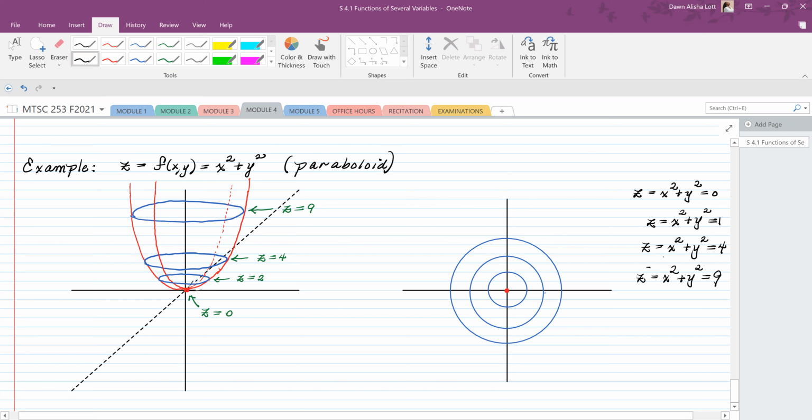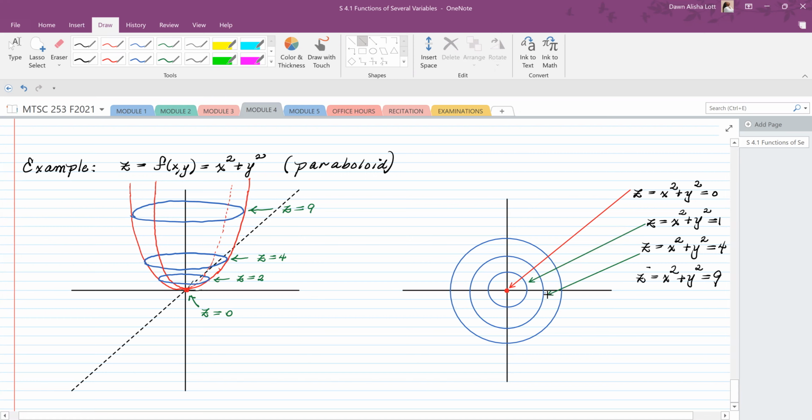So all of these are different values of c. The first one is c is equal to 0. That was that one. The next one is z is equal to 1. And that was that one. Then we had z equal to 4.